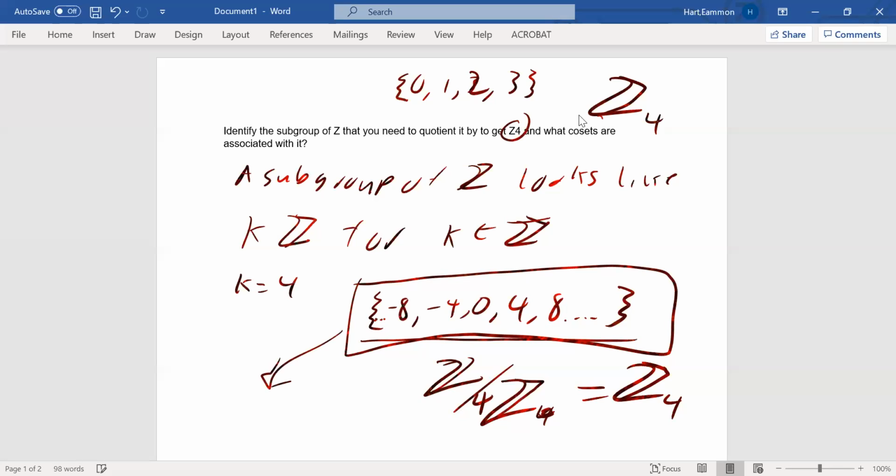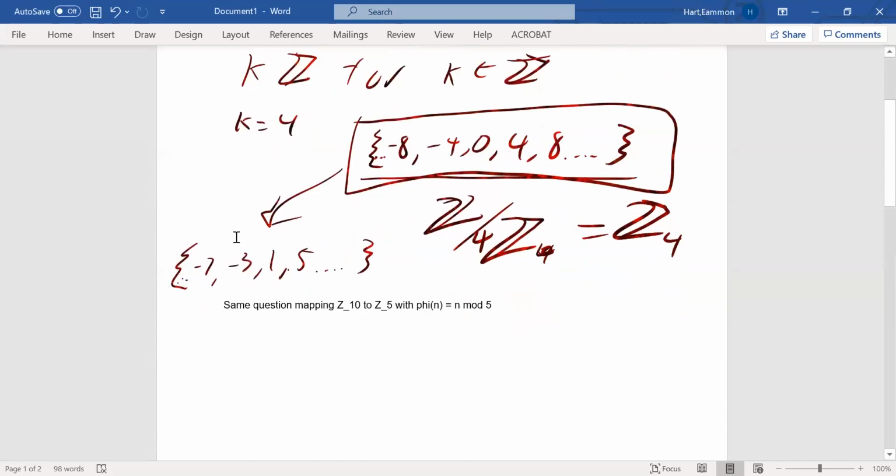Okay. What are the other cosets that we get here? Well, you're gonna get 1 plus 4Z, basically all the ones from modular arithmetic for 4: 1 plus, 2 plus, 3 plus.